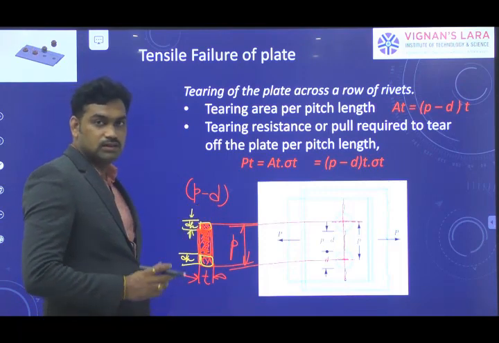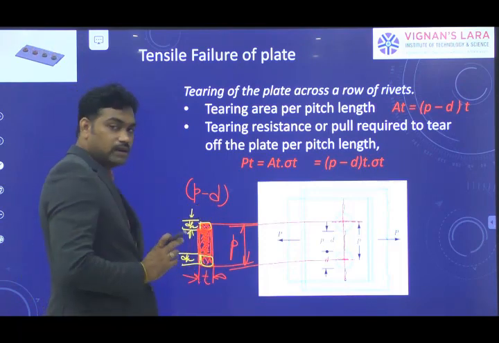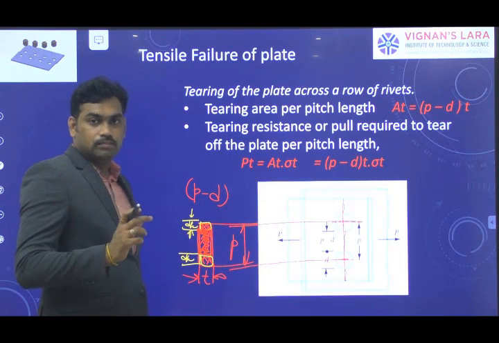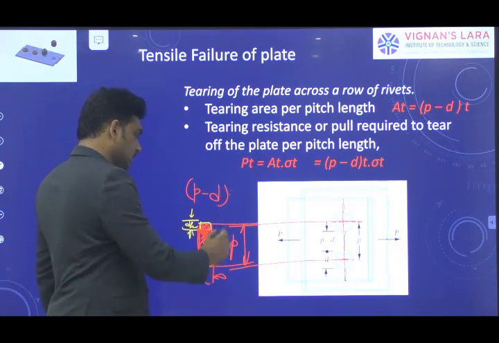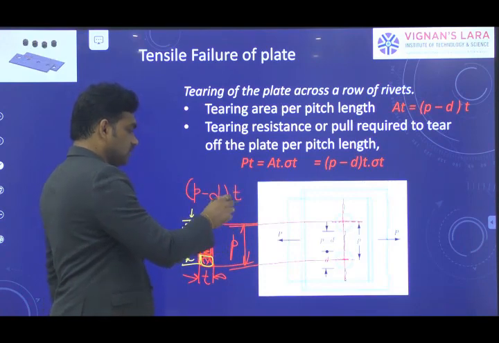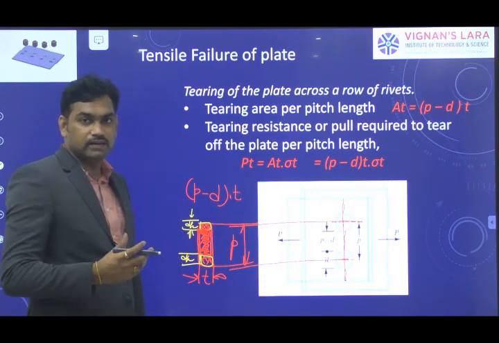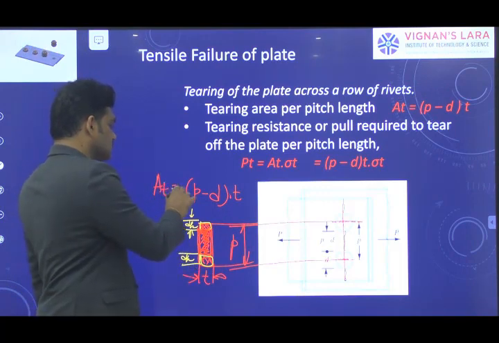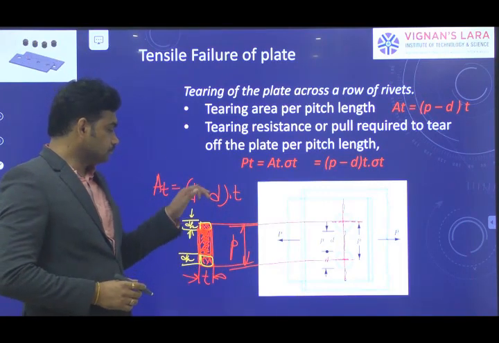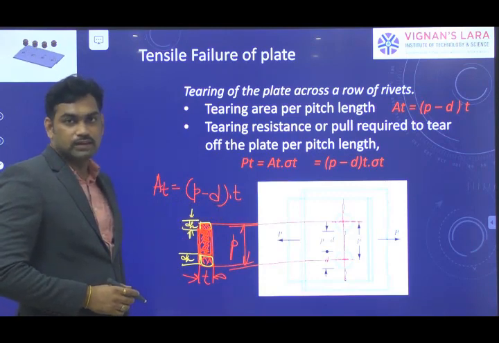So p minus d is the length of plate between the holes of rivets, into the thickness. This gives the rectangular area of plate that can resist tension, called the tensile resisting area, A equals p minus d into t.